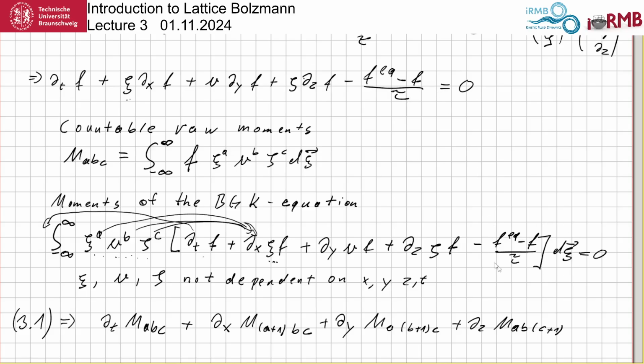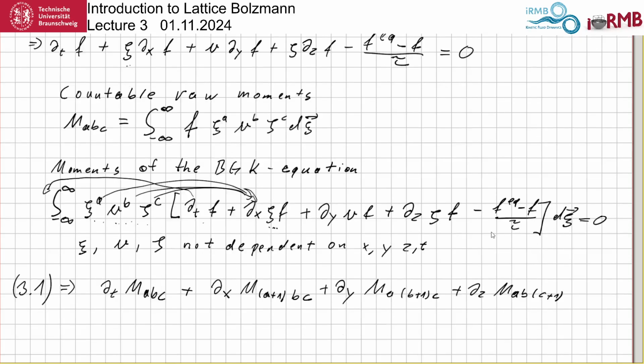and then we only have this thing here left where we have no other microscopic velocities in front, so this will just become m_abc equilibrium minus m_abc, and all of this divided by tau, and the other side is still 0. Okay?